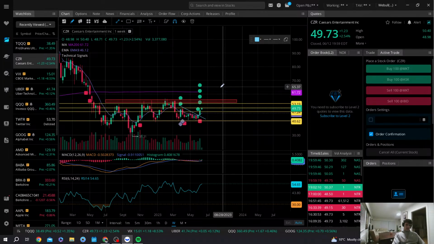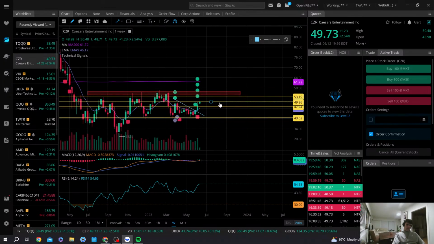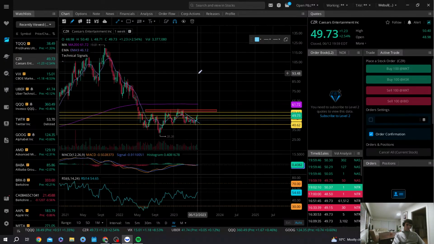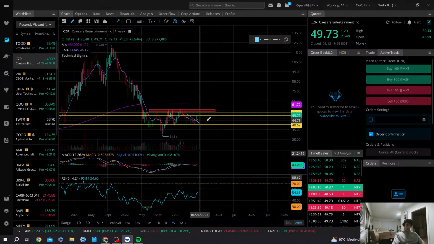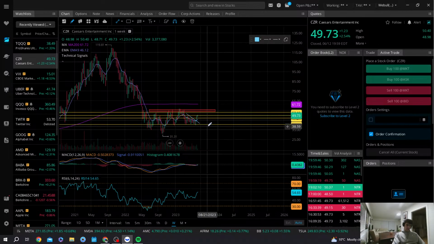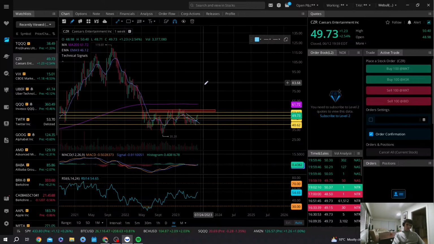And obviously have an exit plan and don't risk more than you can afford to lose, because nothing is promised. This could easily come retouch here, come back down and break and sell back off to 31.30. Nothing's promised.